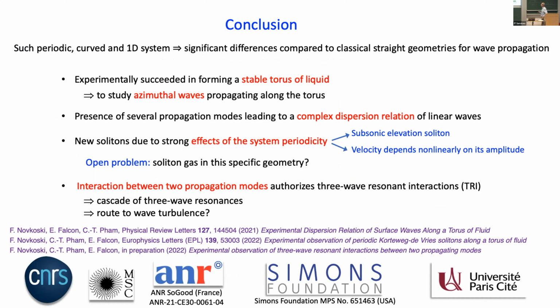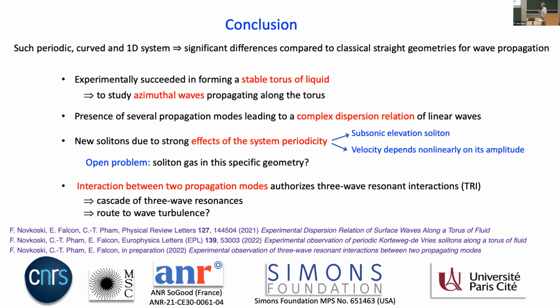To conclude, I showed you that we succeed in creating a stable torus of liquid, and then in studying the azimuthal waves propagating along the torus. I showed you that the linear waves have a complex spectral dispersion relation, leading to several propagating modes.